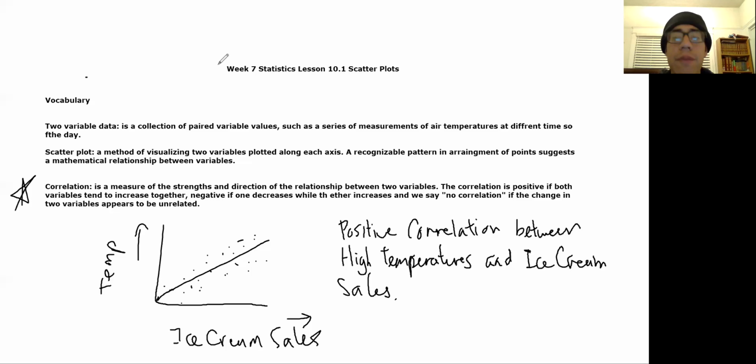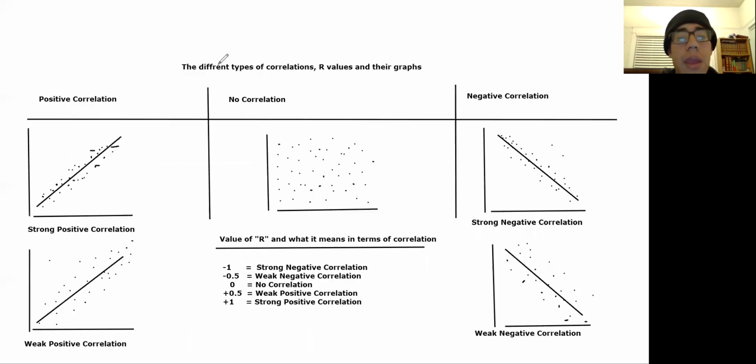This type of graph that I just showed you is a scatter plot, and it's a way of comparing these two variables. Okay, now what I have in front of me here are the different types of correlations and R values and their graphs. Now you might be thinking, what's an R value? Well, remember when I said that in order for us to have these graphs, we need a bunch of coordinate points?